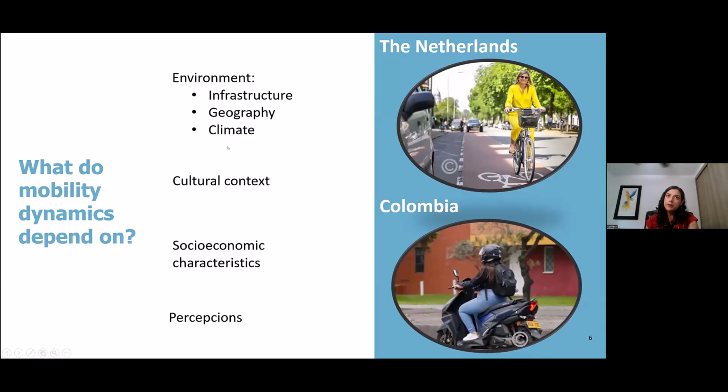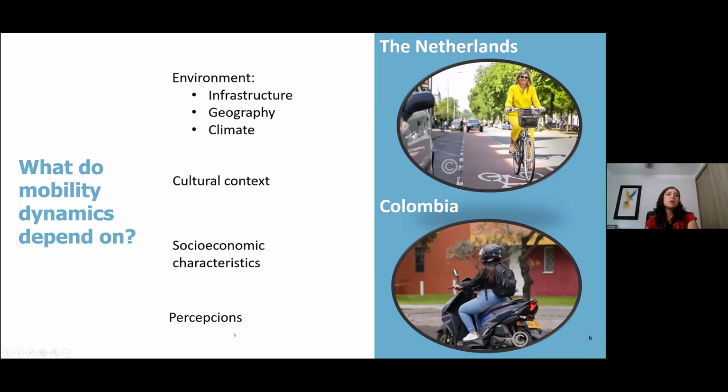For example, the environment, let's say infrastructure that is available, geography, climate, and also the culture influences the way that we move. For example, in the Netherlands, cycling is very popular, but in Colombia, motorcycles are more common. And also the characteristics of individuals, like socioeconomic or demographic characteristics.